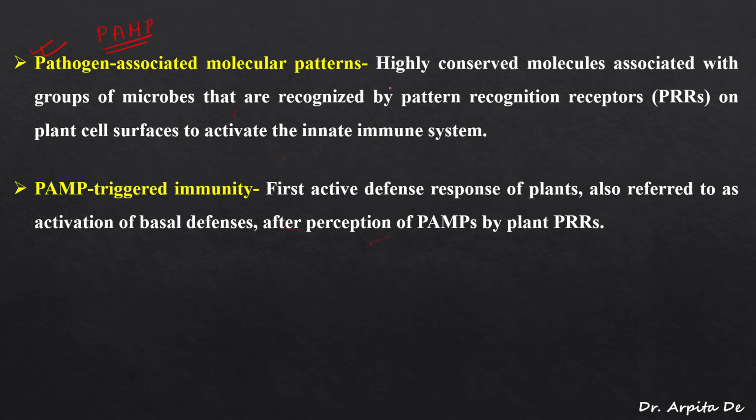What are these? These are highly conserved molecules associated with groups of microbes that are recognized by pattern recognition receptors, PRRs, on the plant cell surfaces to activate the innate immune system.